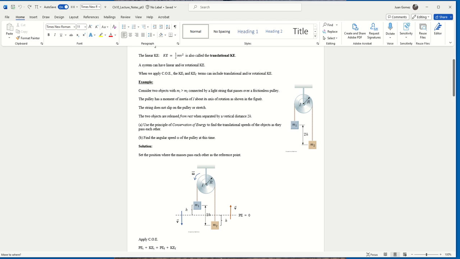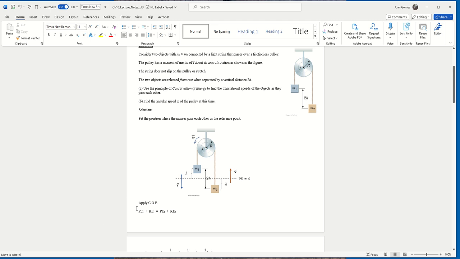Why does this system include rotational kinetic energy? Because when you release M1 from rest, M1 will move downward with a speed of v. And then look in this next figure. M2 will move up with that same speed v. So M1 and M2 have linear kinetic energy, 1/2 M1 v squared and 1/2 M2 v squared.